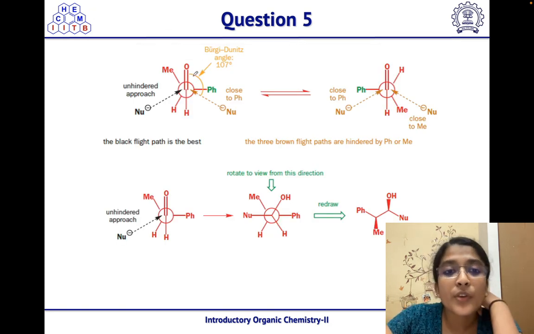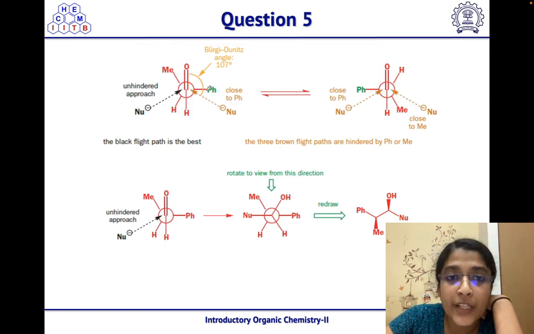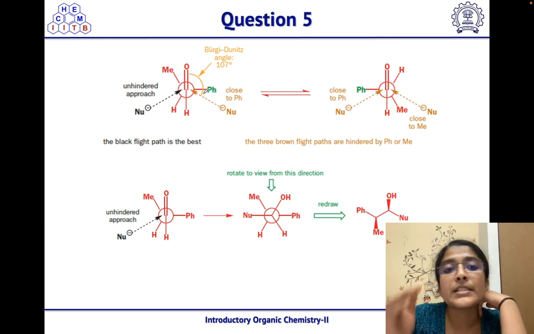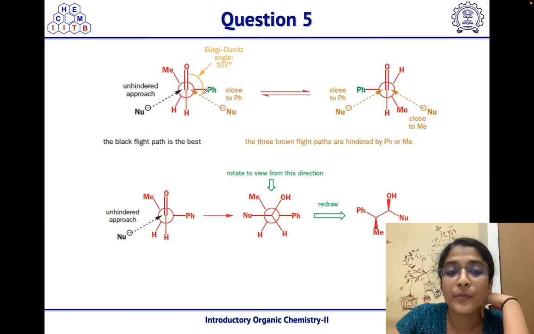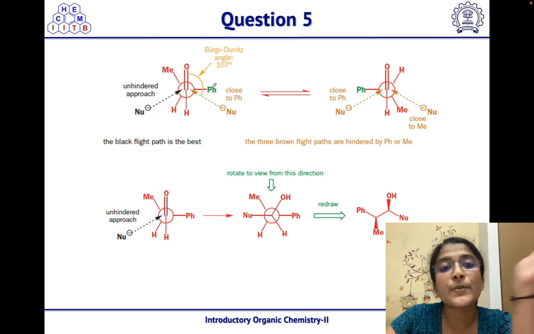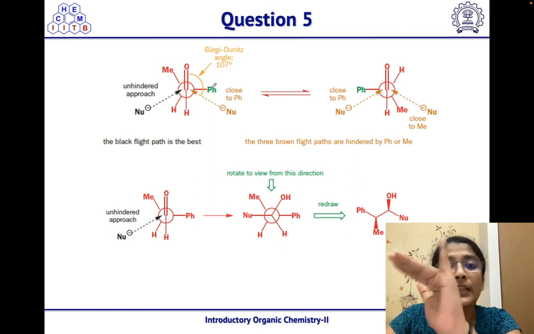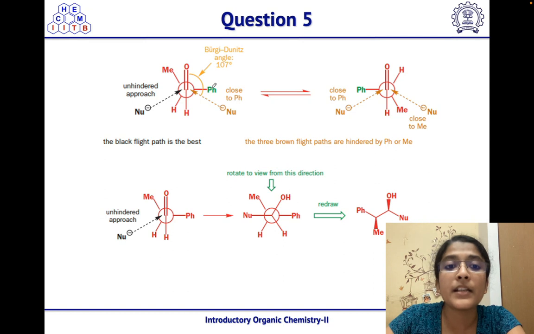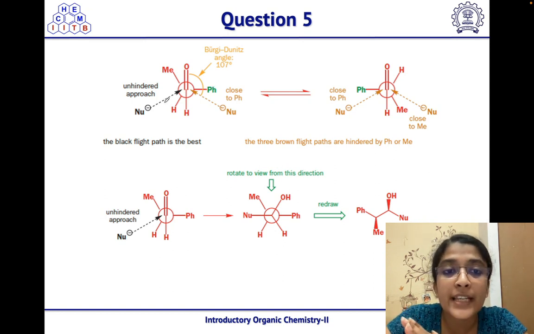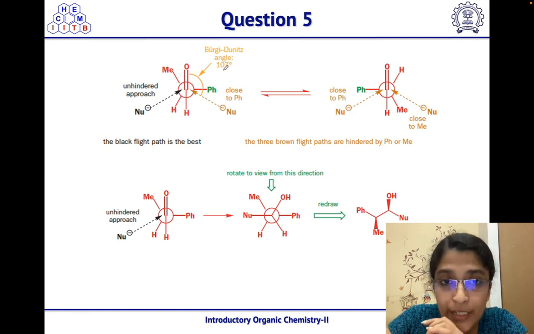So as we have seen, this is the Burgi-Dunitz angle. Nucleophile will attack the carbonyl following this Burgi-Dunitz angle of 107 degrees, like 105 to 107 degrees can be the Burgi-Dunitz angle.